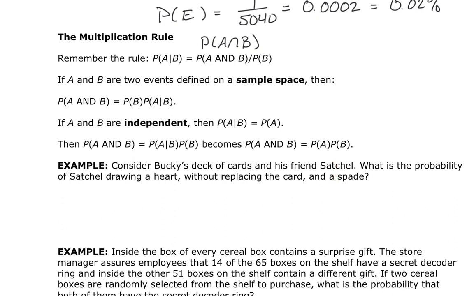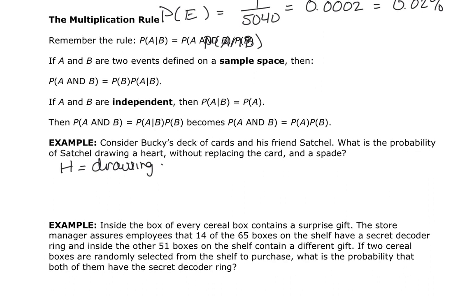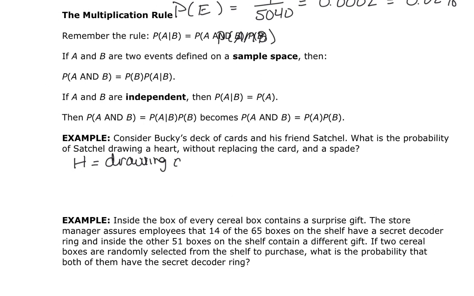Consider Becky's deck of cards and Bucky's deck of cards and his friend Satchel. What is the probability of Satchel drawing a heart without replacement and then a spade? So let's define what we have. H is drawing a heart, and S is drawing a spade.